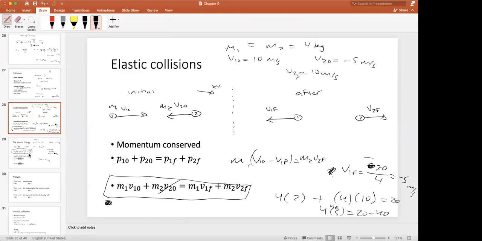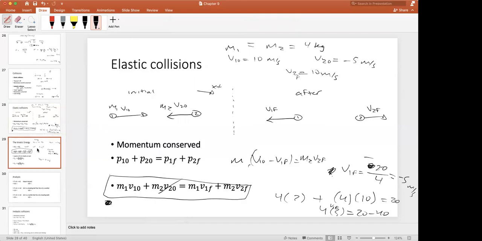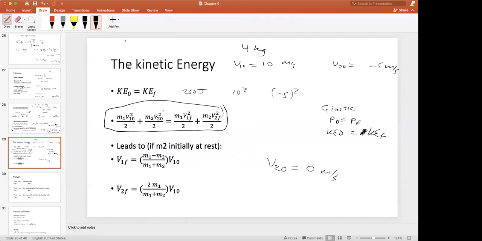And so you can plug stuff in and solve for these equations. You can actually substitute this equation into this equation, assuming that this is 0, as long as M2 is initially at rest, and you get these.